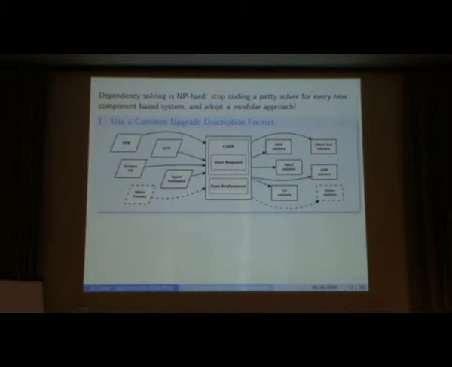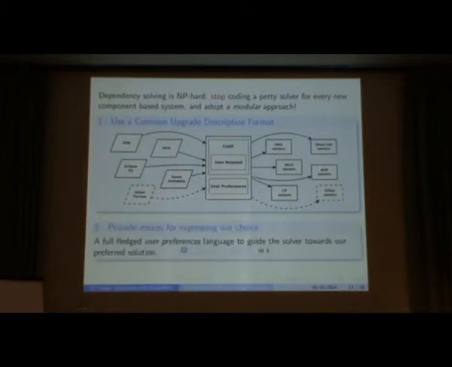Maybe you can encode this in a SAT solver, but maybe the most efficient way is using an integer linear programming approach or an answer set programming approach. You don't know, it's not our business, we are just language guys. And on the other side, you need to provide a means for expressing our choice. So we need a full-fledged preferences language that allows us to tell the solver what kind of solution we really want.